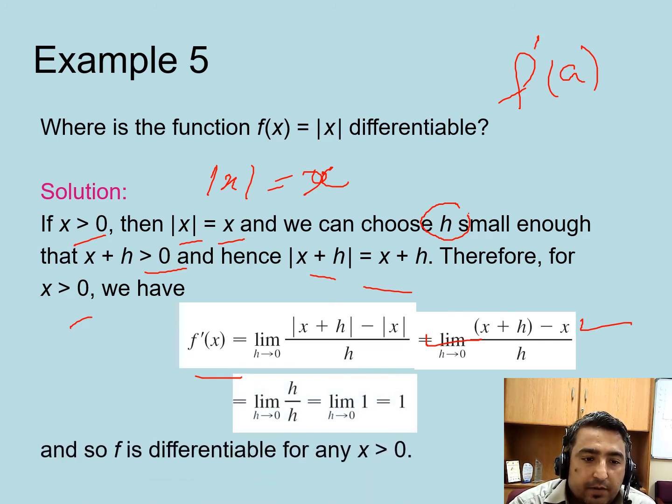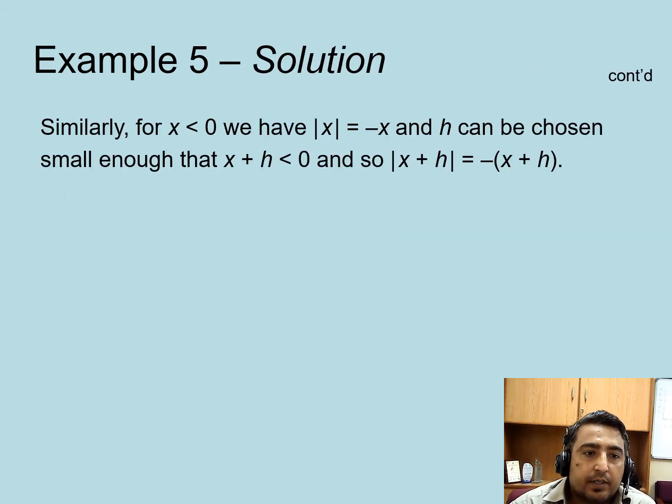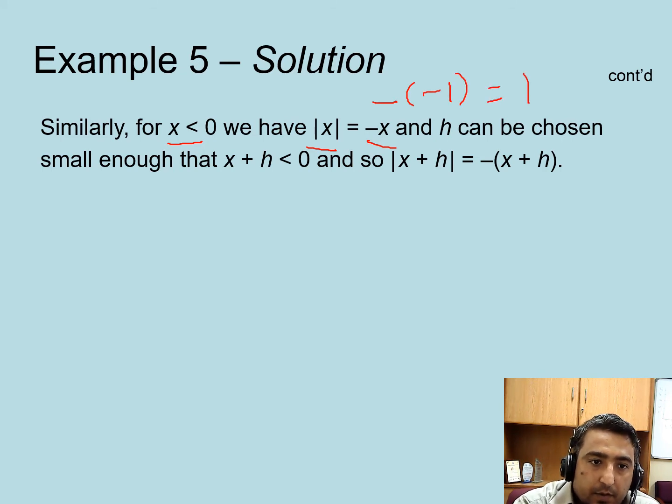So it is differentiable for x greater than 0, but when x is less than 0, this modulus is equal to minus x. Now if you put x equal to minus 1, this will be 1. So for any negative value, you multiply by the minus and it becomes positive, right?